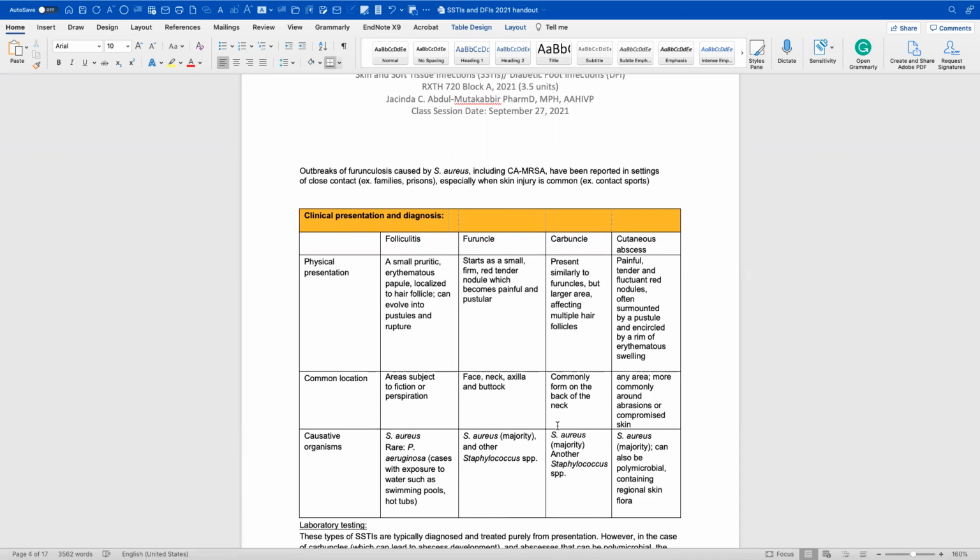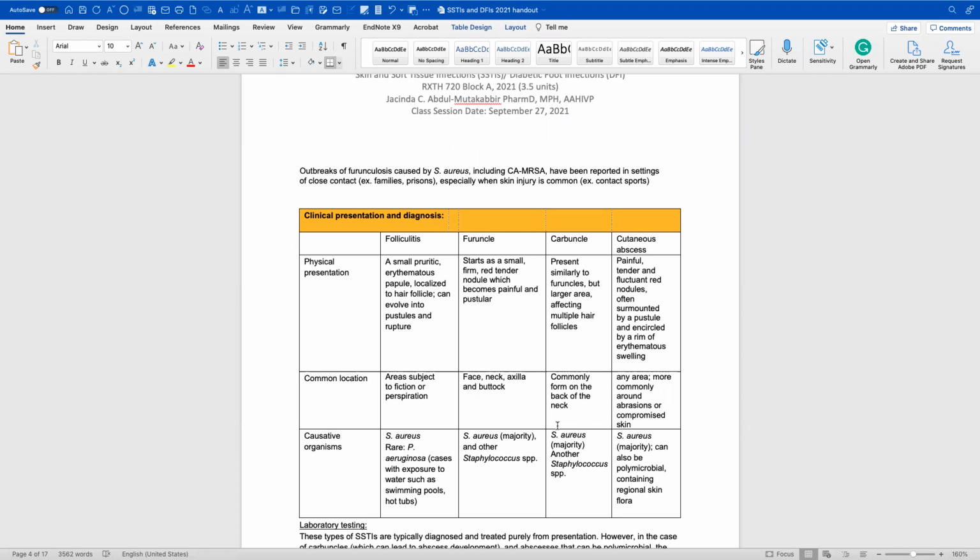We can also have a furuncle. It starts as a small, firm, red, tender nodule that becomes painful and pustular. This can commonly be on the face, neck, axilla, or the buttocks area. Once again, causative organisms can be Staph aureus and other Staphylococcus species. We can also have carbuncles, which are commonly just a group of furuncles that come together and form a larger area of infection.